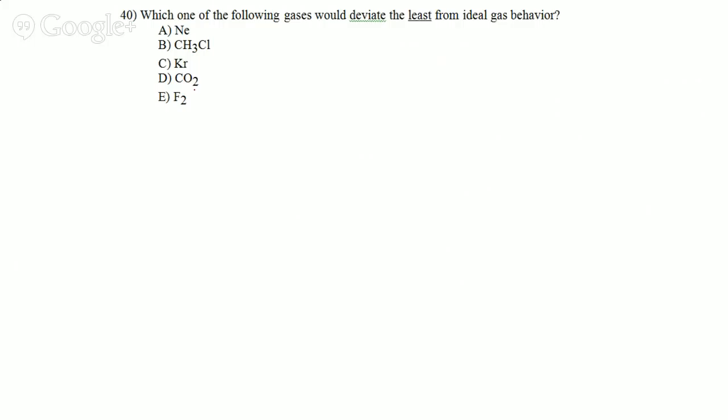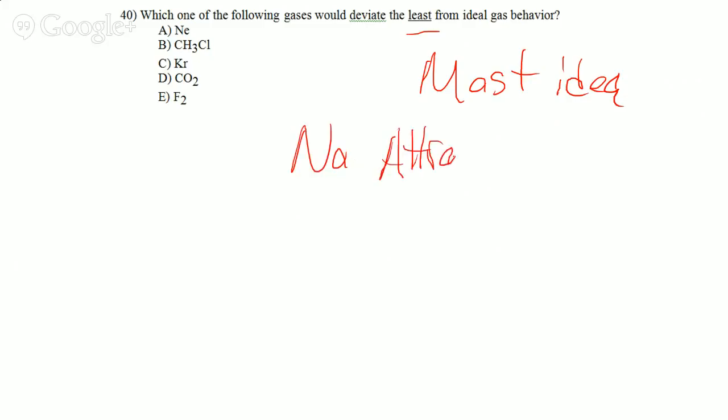40. Which one of the following gases would deviate the least from an ideal gas? So we're talking about the most ideal. All right, well, we're looking for no attractive forces, which isn't possible. So we're looking for the least amount of attractive forces, which has to do with size too, right? If we have all nonpolar molecules, D sucks.